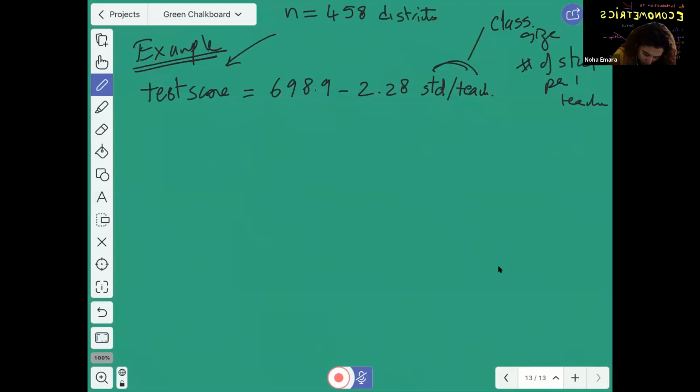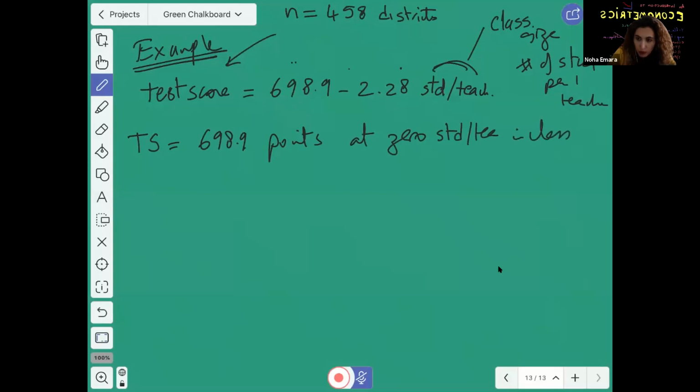Okay, so again, you move in order 1, 2, 3. So 1, this is the intercept of the model, and it's telling us that test score, I'm going to write it as TS just for convenience, test score is equal to 698.9 points at 0 students per teacher in class.